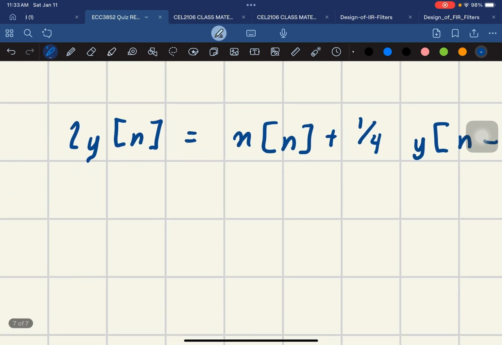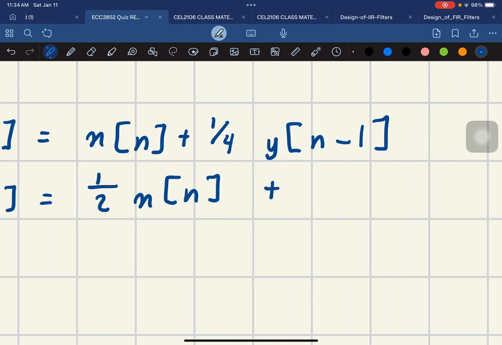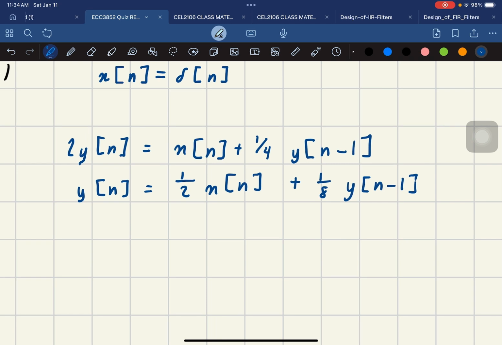So we will divide everything on the right by 2, so we have 1/2, and x[n] will be delta[n].